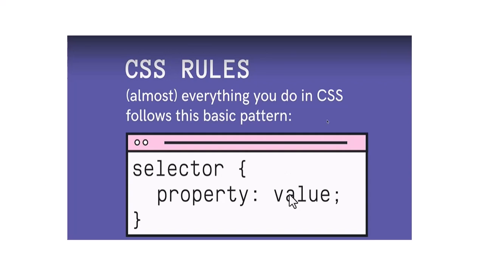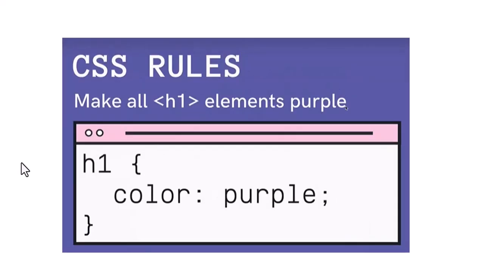If it is color, we write the color name or the color code. If it is the width, height, etc., size, so we write the size in different units. So this is an example of a CSS heading selector. We took h1 and the color we set, for example, purple.